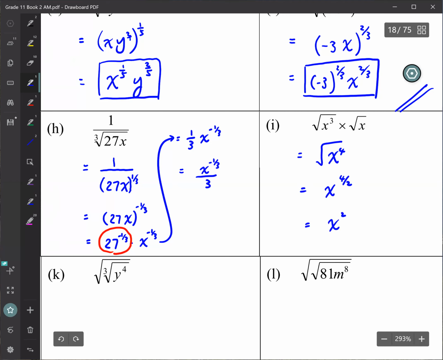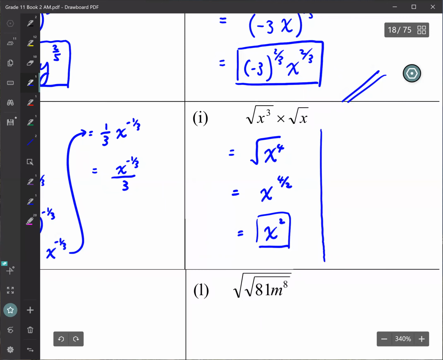Yeah, okay. So this is one way to do it, right? Like I said, there are different ways. As long as you can make it look simpler and simpler, right? Simplify it. I'll show you a different way. Let's say you don't multiply the inside first. Let's say you start by changing into exponent. The first one will become 3 over 2, because index is a 2, times x to the half.